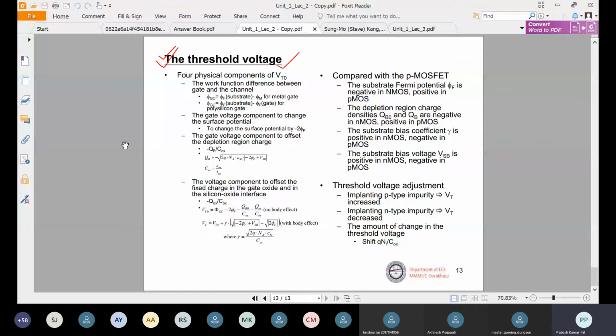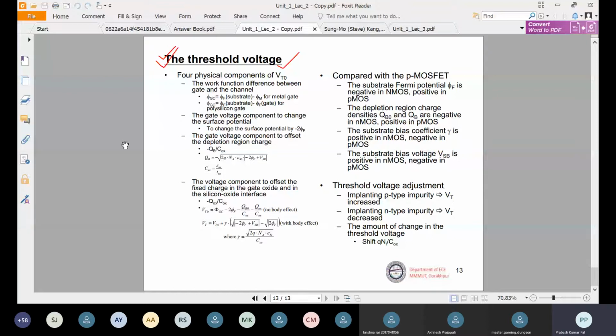If we are applying a positive gate voltage but it is less than the threshold voltage, then there will be depletion formation, meaning holes will be moving towards the bulk side.